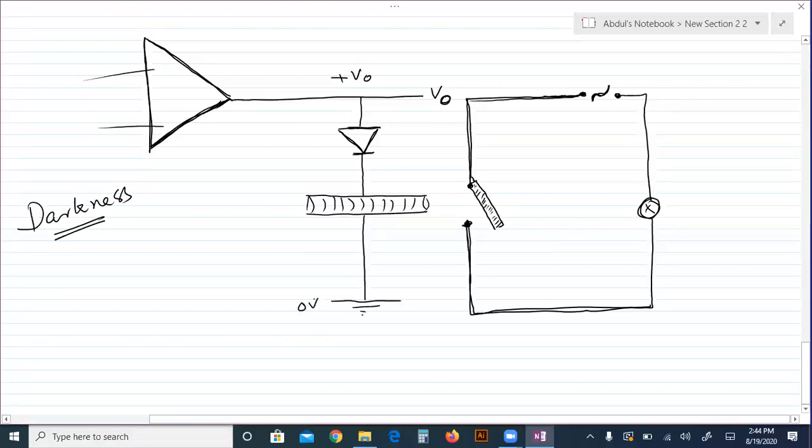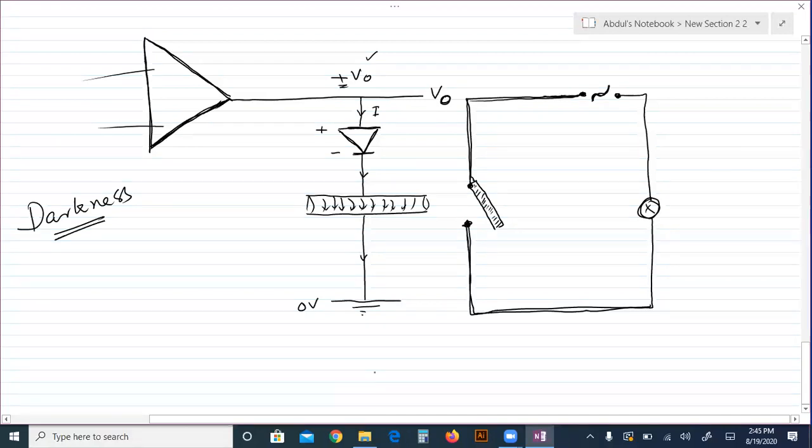So this is 0. When the output is positive due to the darkness, this diode is forward biased because the positive connects with the positive. So it becomes conducting. Current flows through it. When current passes through the coil, it becomes an electromagnet, and then current passes through the coil to the earth.